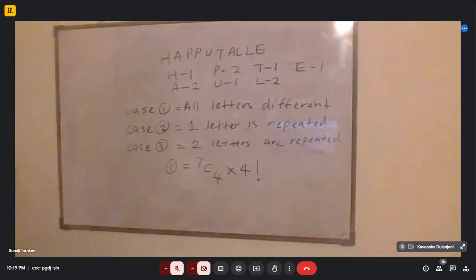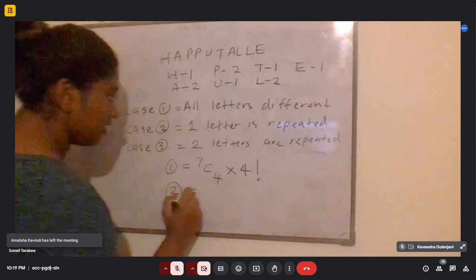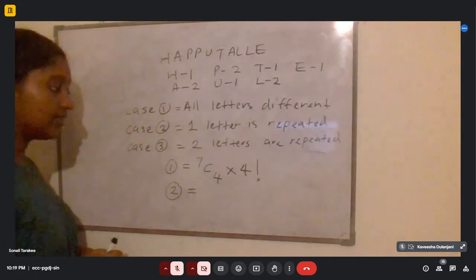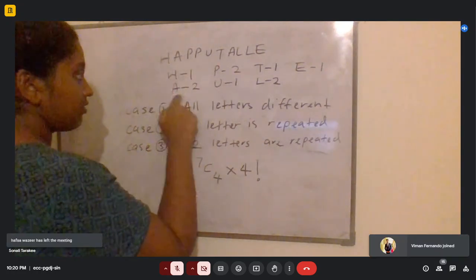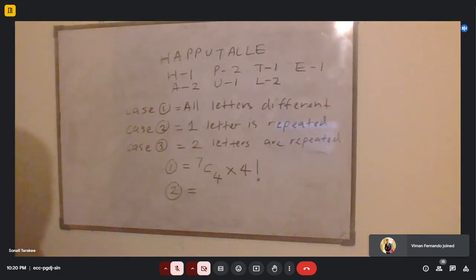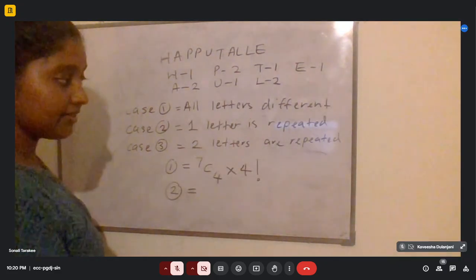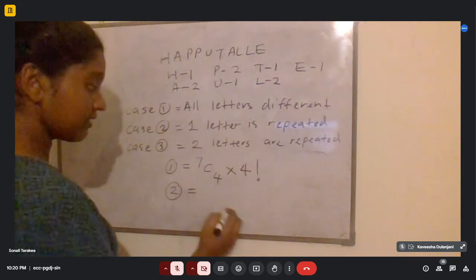For the second case, now one letter is repeated. We have to take 1, 2, 3, 4, 5, 6, 7. From 7 letters, one letter is repeated. Then you are only left with 6 letters. You have to choose from these 6.